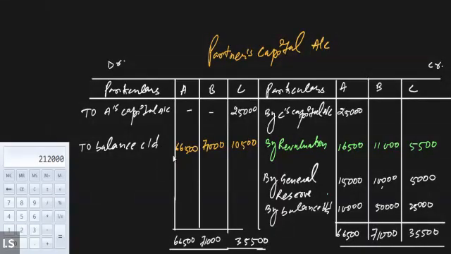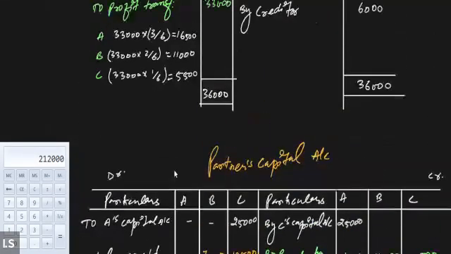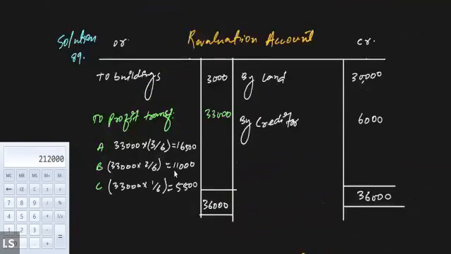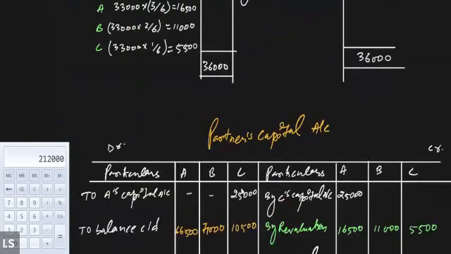Okay. After that, there's one more thing. As you know, we have a profit in the revaluation account, right? So this profit needs to be transferred to the partner's capital account as well. This profit has been transferred to the partner's capital account on the credit side.